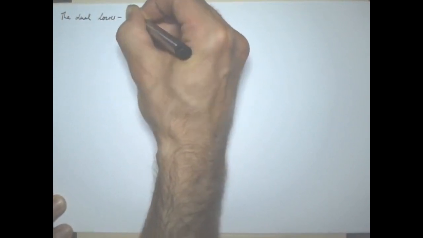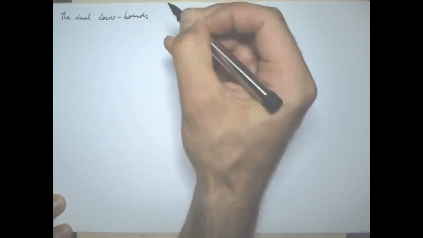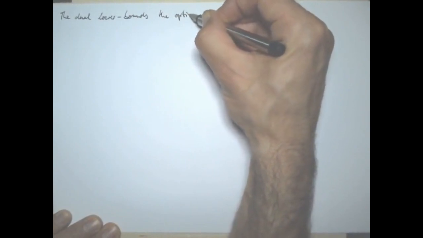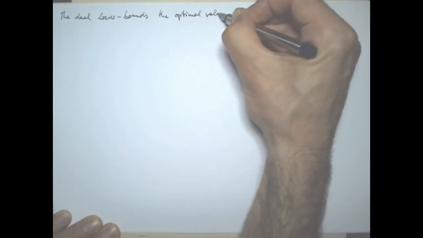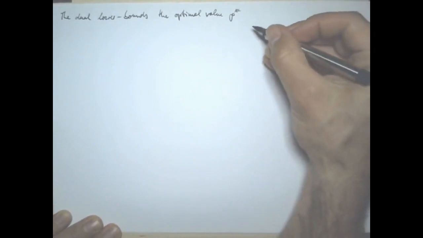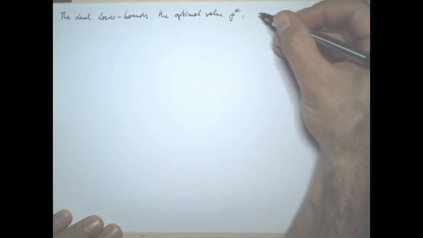So the dual lower bounds the optimal value P star of the primal problem for non-negative lambda.